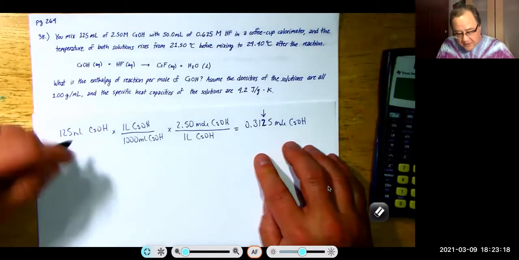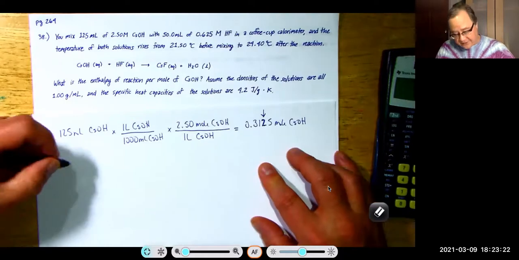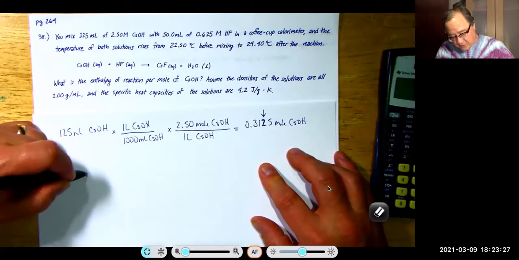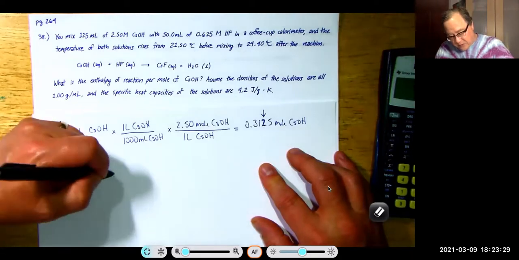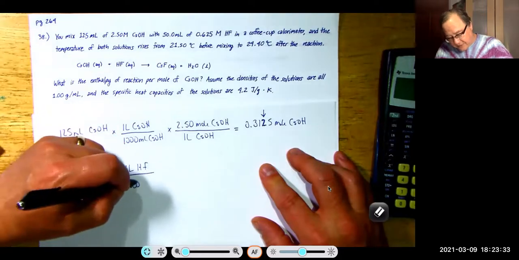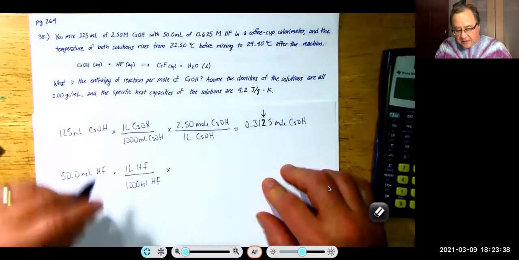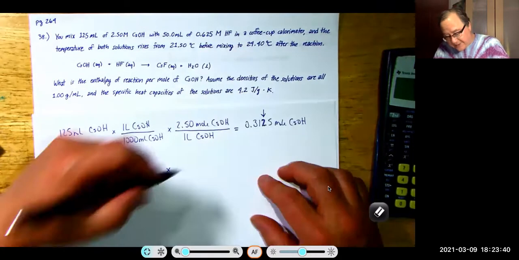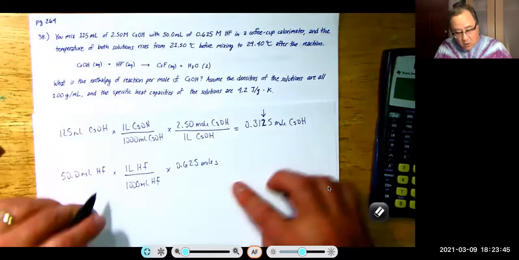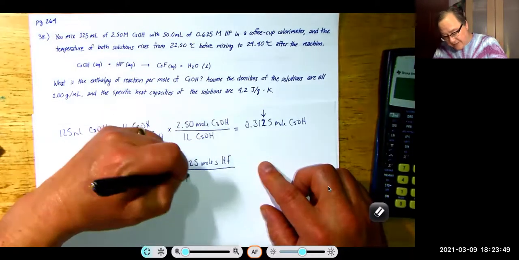So I'm going to do the same type of problem with the hydrofluoric acid, only with the numbers from the hydrofluoric acid. So I have 50.0 milliliters of hydrofluoric acid times 1 liter of hydrofluoric acid per 1,000 milliliters of hydrofluoric acid, times the molarity, which is much different, 0.625 moles, not M, moles of HF per 1 liter of HF.